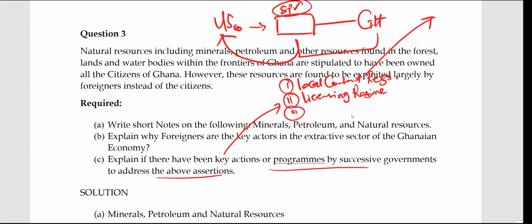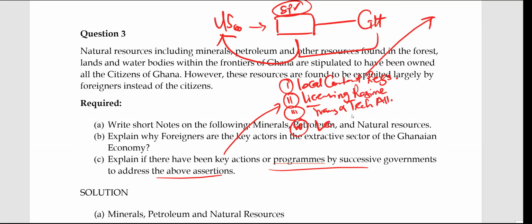We have training. They pay some one-time payments for training, so that the government can train Ghanaians. Yeah, training and technological allowances, right? Even the fiscal regime is one of the ways that has checked this extractive sector, right?